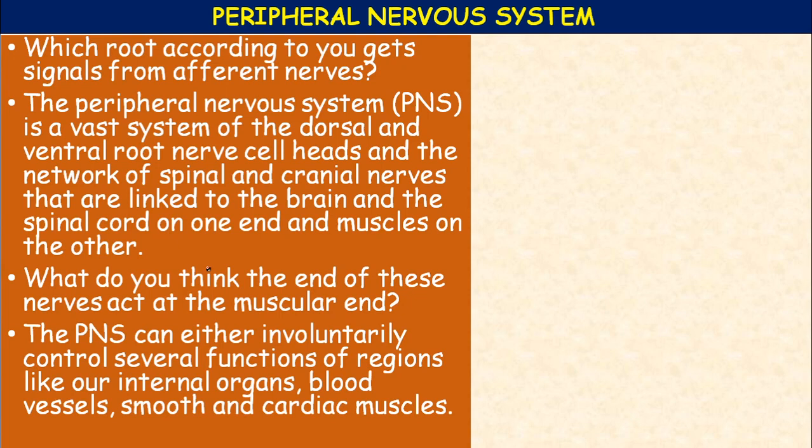The peripheral nervous system can involuntarily control several functions of regions like our internal organs, blood vessels, smooth and cardiac muscles.